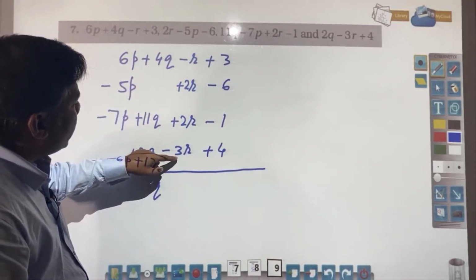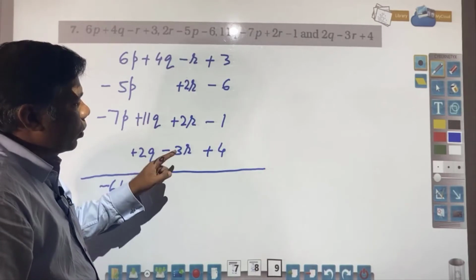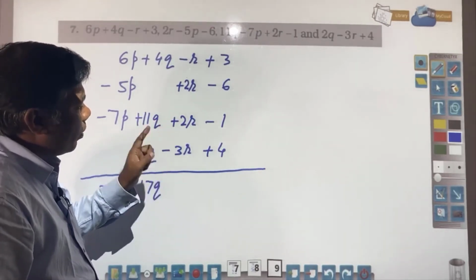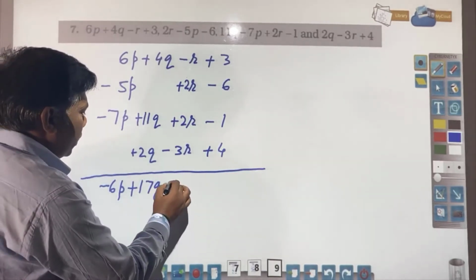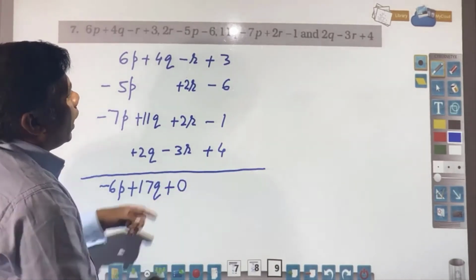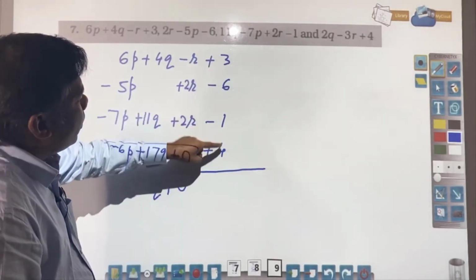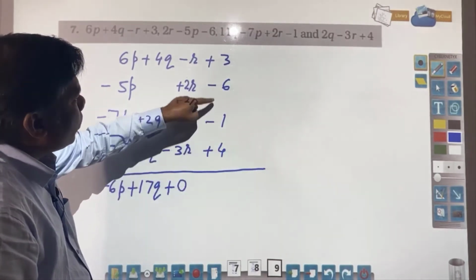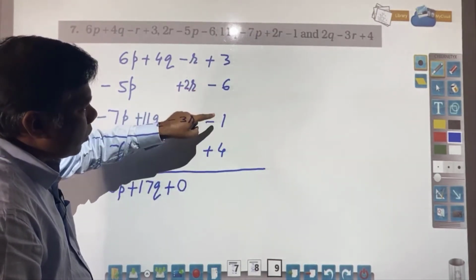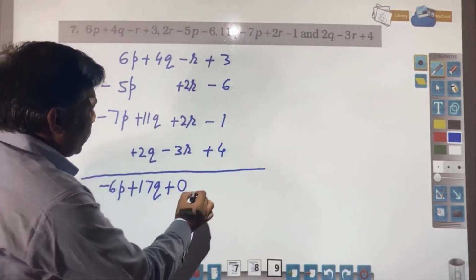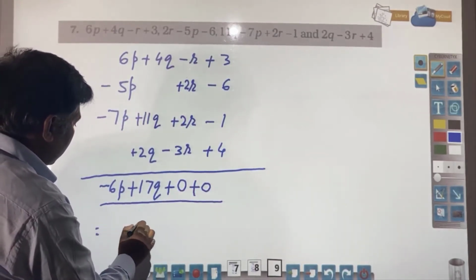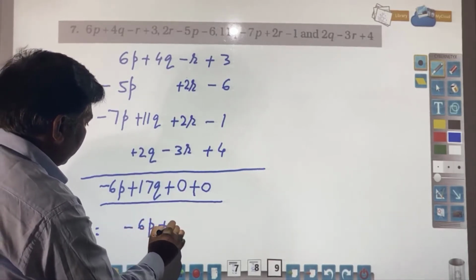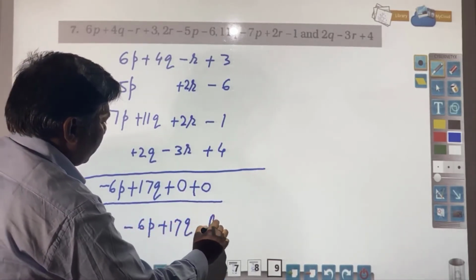And this minus 3r and minus r 4. So 4r minus 4r will become 0. So nothing is required to be written, or you can write 0. And then you have 3 plus 4 7 and minus 1 and minus 6 will be 7. 7 minus 7 is equal to 0. So final answer is minus 6p plus 17q, and this will be your answer.